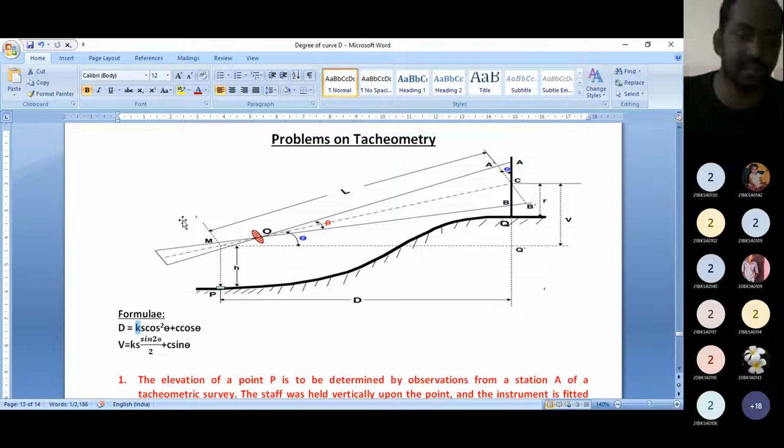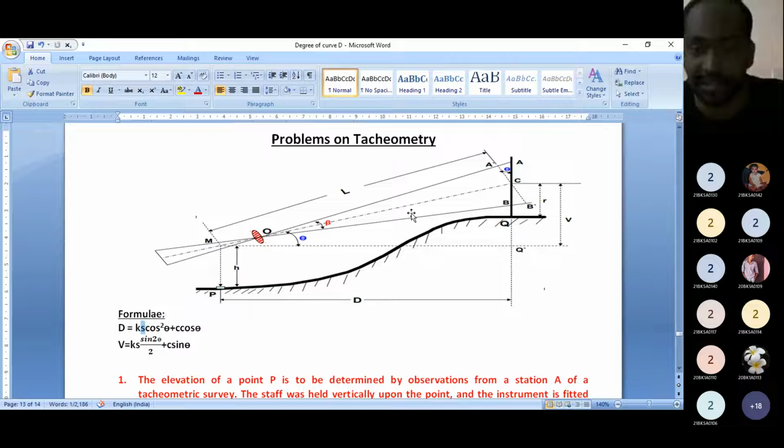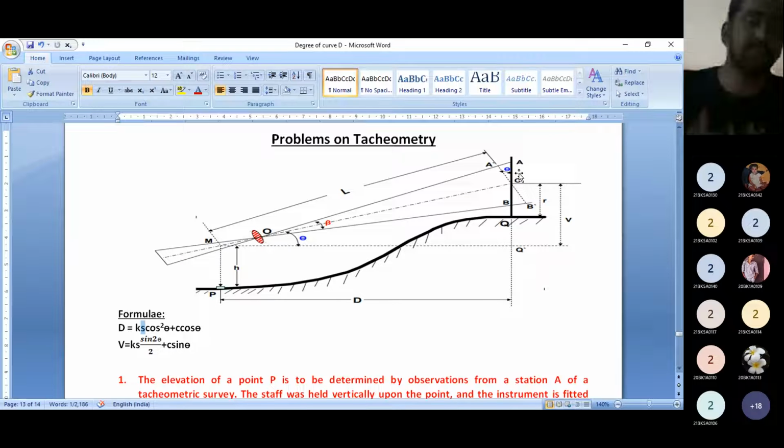And what is S here? S is the stadia intercept. We have already discussed it. In the leveling staff we take three readings: top reading, middle reading, and bottom reading. The difference between the top reading and the bottom reading will be S, the stadia intercept.